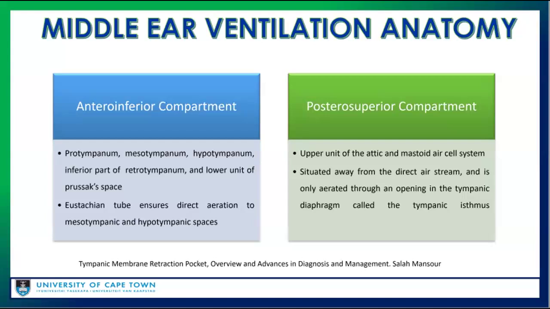The anterior inferior compartment consists of the protympanum, the mesotympanum, the hypotympanum, the inferior part of the retrotympanum, and the lower unit of Prussak space. This space is ventilated by the eustachian tube. The posterior superior compartment, on the other hand, consists of the upper unit of the attic and mastoid air cells, and this receives ventilation from the tympanic isthmus.